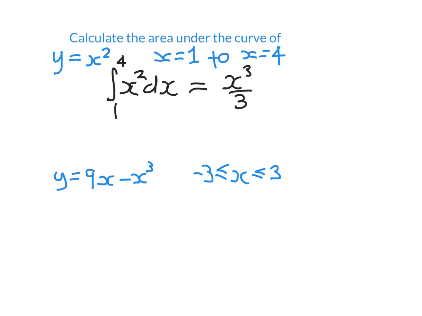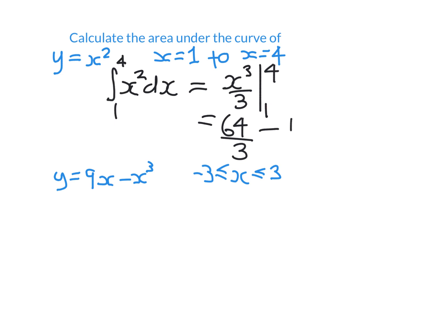Now I don't need to add a c here because of the numbers. This is a definite integral. What I do is evaluate it at 1 and 4. So if x equals 4, x cubed on 3, so 4 cubed on 3 is 64 on 3, and then I minus the function evaluated at 1.